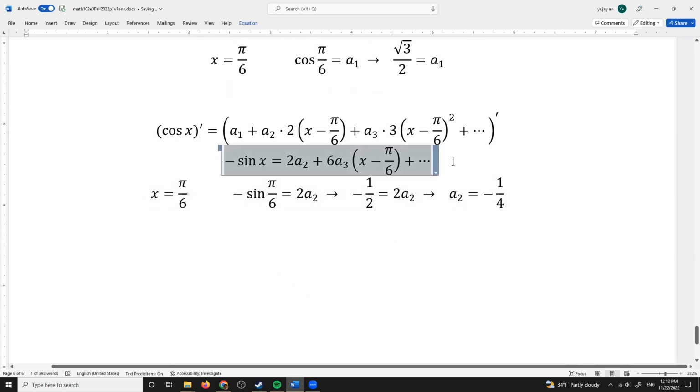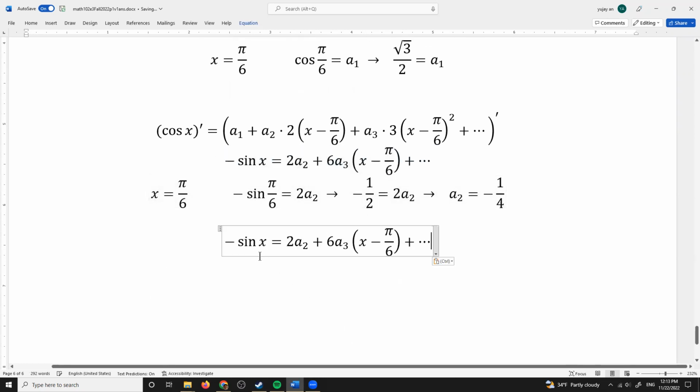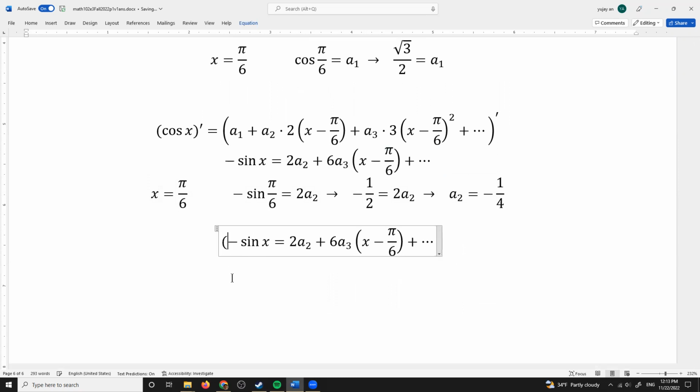Okay, and just one more. Differentiate both sides again.